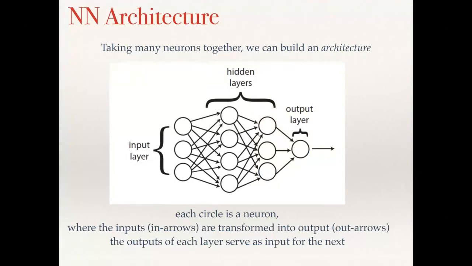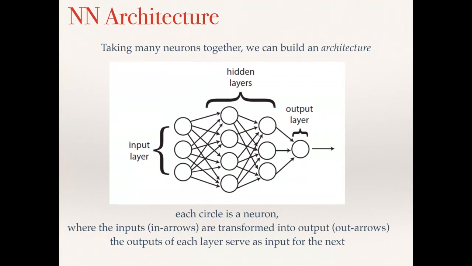Okay, so starting with this relatively simple building block, we can then build very complicated structures, these neural networks. This is called an architecture where you have an input layer, you have an output layer that gives you the predictions, and in the middle you are going to have hidden layers which take the input, do transformations, then transform them again and pass them along to the other neurons, and so on and so forth.